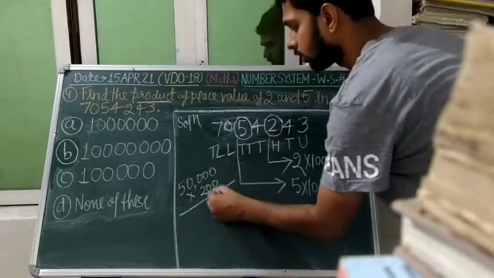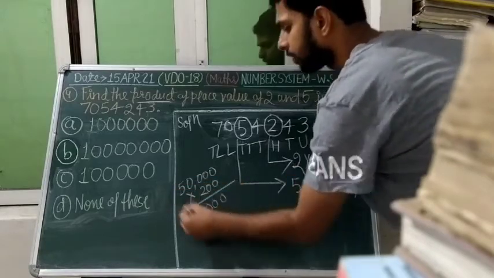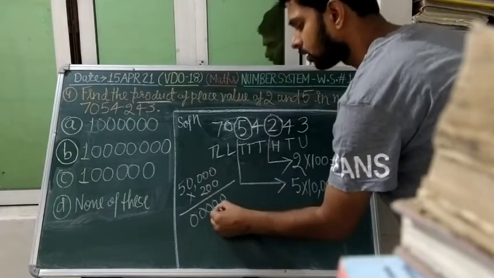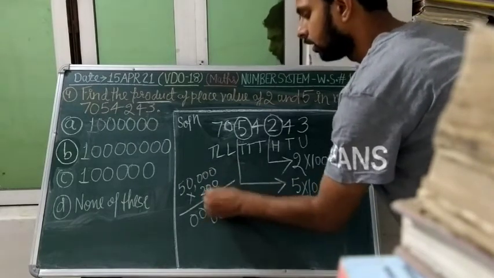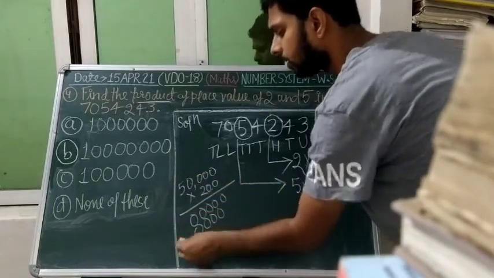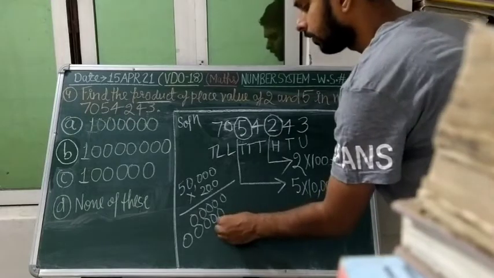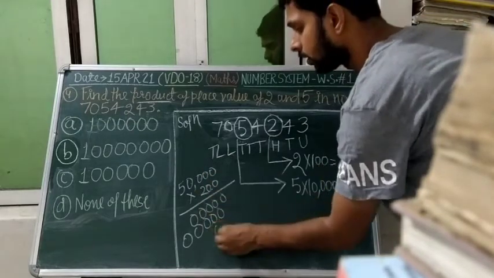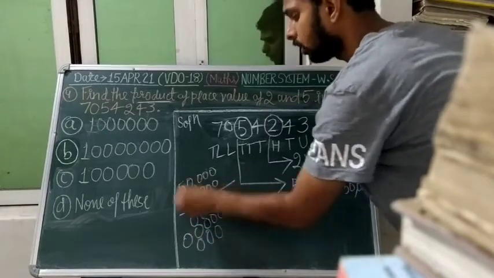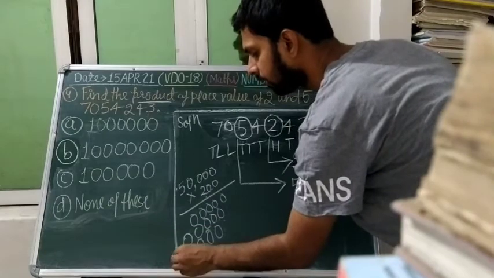Zero times zero, zero, and so on; 5 times 0 is 0 as well. You leave here 0, 0. 2 times 5 is 10.